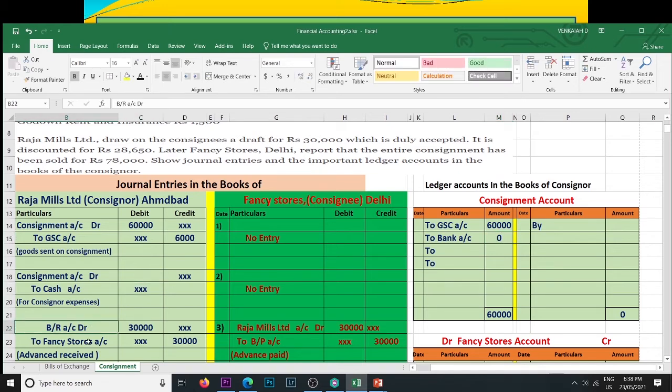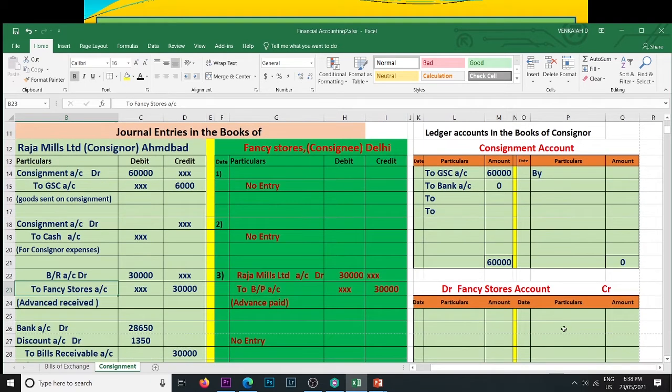Bills receivable account debit to Fancy Stores account. Fancy Stores is consignee. Consignee account credit side by bills receivable. By bills receivable account. Amount is 30,000.